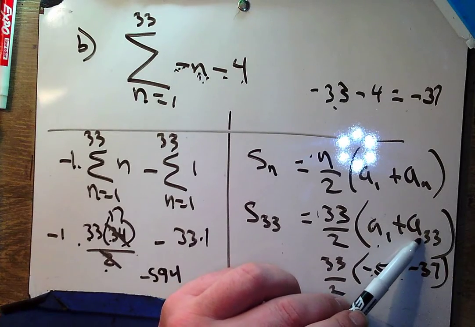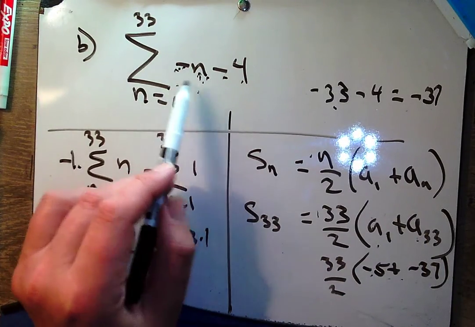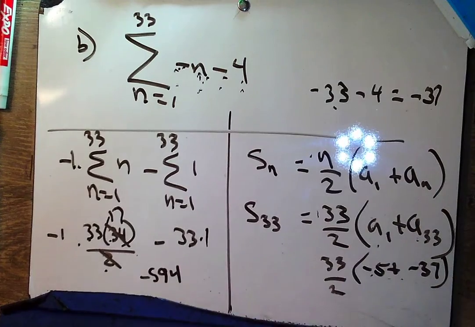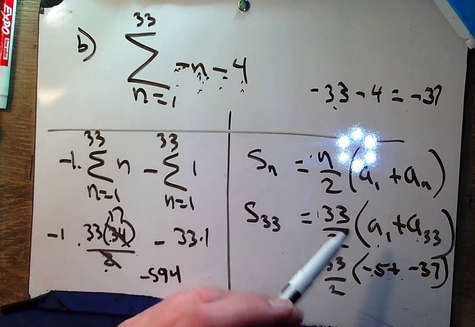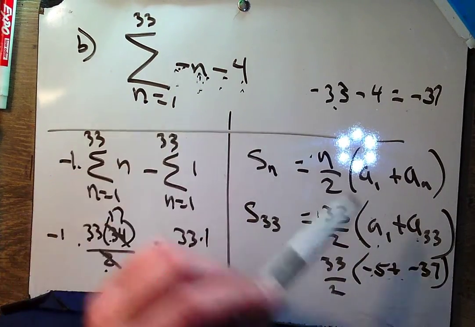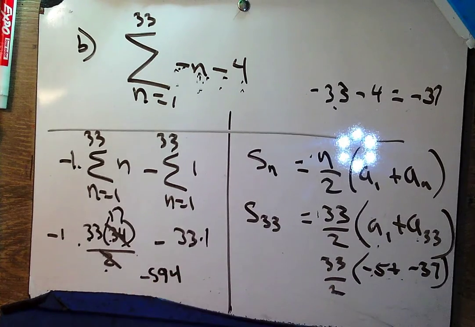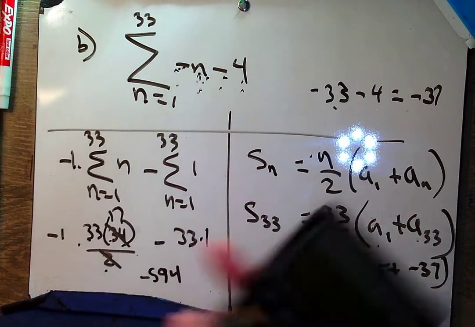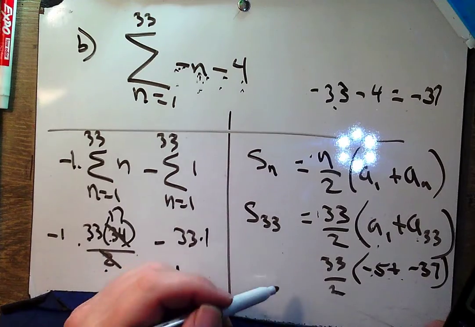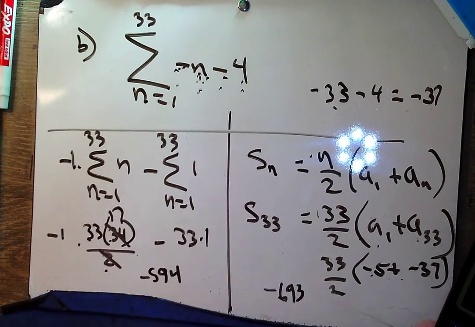A sub 33. Negative 33 minus 4 is negative 37. A sub 1 is negative 5. And what did I get? Oh, I got negative 693.